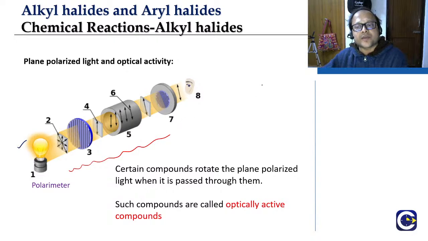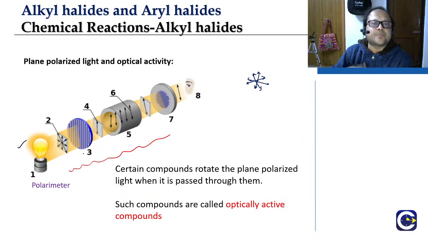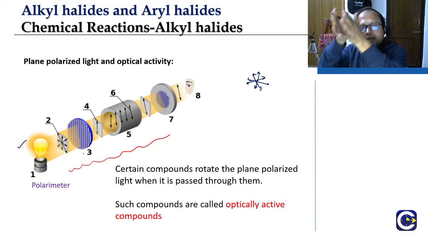What is unpolarized light? When your photons can oscillate in all possible directions like this, then we call it unpolarized light, right? Then generally we pass it through a Nicol prism. It is a special type of prism which is parallelly grated like this.